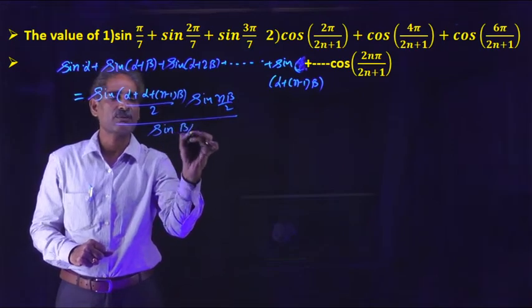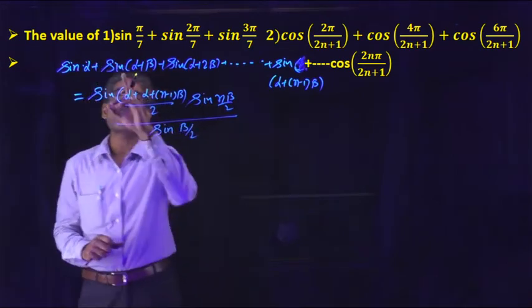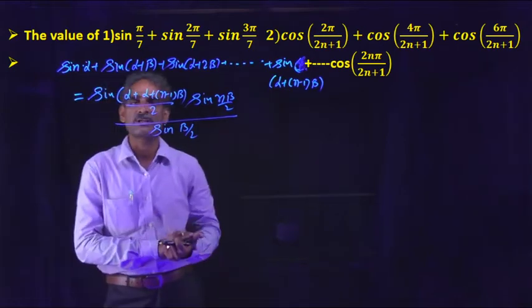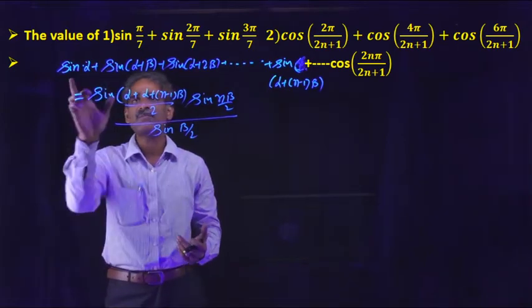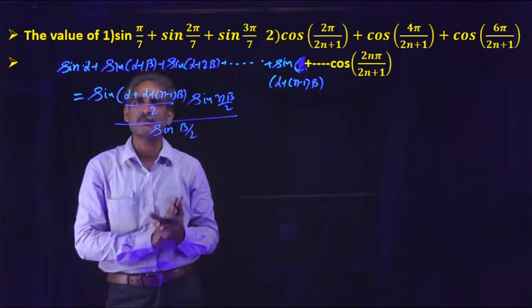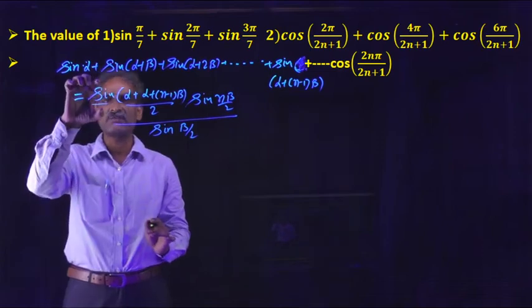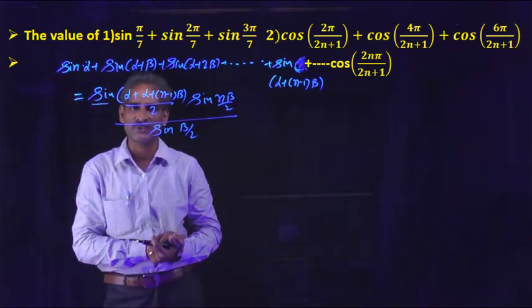This is the formula to find the sum of sine functions if the angles are in AP. If suppose the functions are cos and the angles are in AP, then there is only a change in this function: in place of the sine function, you will get cos.